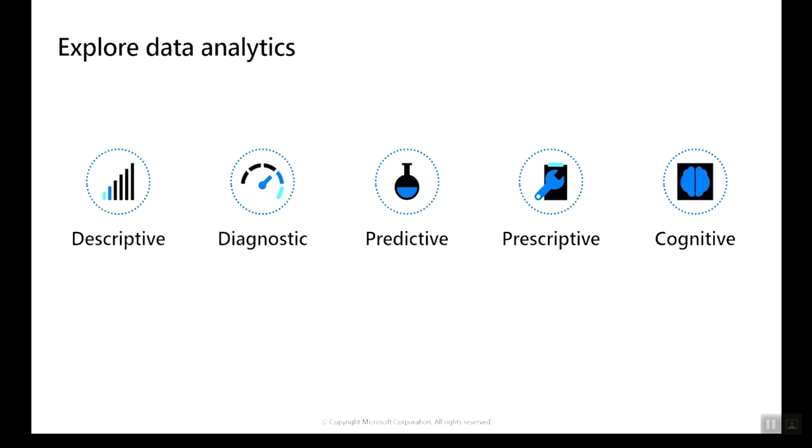And finally, cognitive analytics. Now, this type of analytics is inspired by how the human brain works: how we process information, how we draw conclusions, how we codify instincts and experiences into learning and understanding.